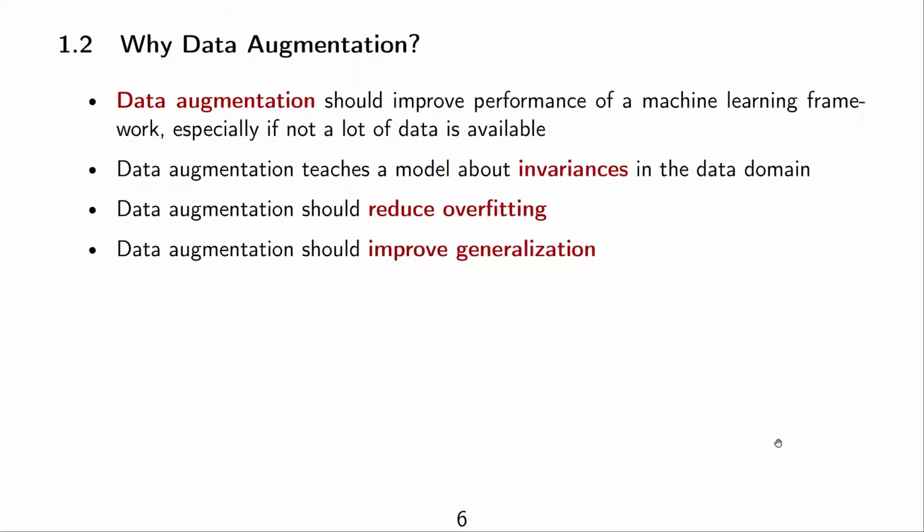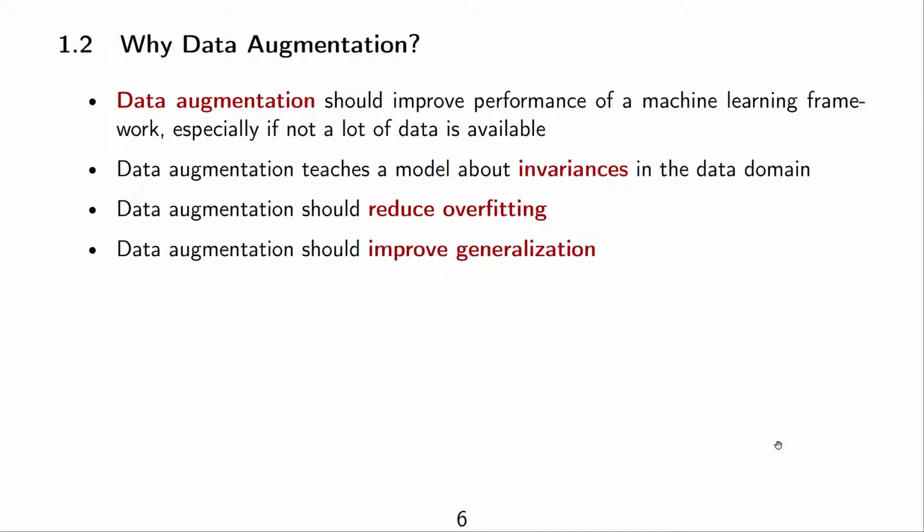So in general, we just want to apply data augmentation to improve performance. And in computer vision or any type of application that deals with images, we're often plagued with the fact that we do not have as much labeled data as we would like to have. And data augmentation is one strategy that can help.